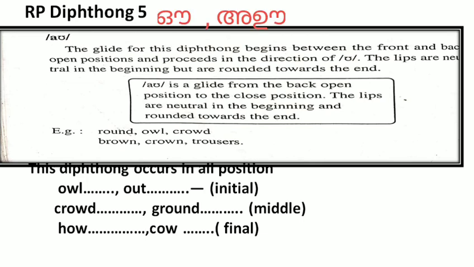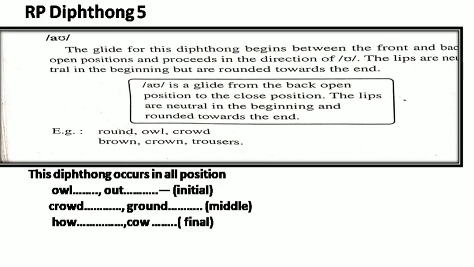Diphthong number 5, the second group, last diphthong, au. The glide for this diphthong begins between the front and back open positions and proceeds in the direction of U that we already discussed. The lips are neutral in the beginning but are rounded towards the end because U is a rounded vowel.